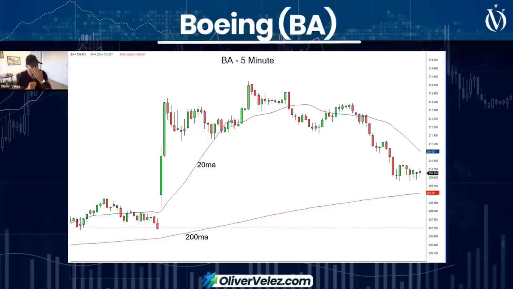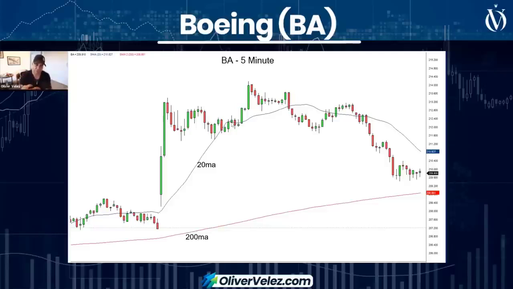All right, now, one of the things I want to use Boeing to point out is, let's look at the first 5 minutes of Boeing's trading today. Look at how powerful this bar is. My traders and I call this an elephant bar. It's powerful, it's tall. The vast majority of the bar's range is green. It has some tails, little wicks, on the top and bottom of the bar, but for the most part, that bar is fat and juicy green.